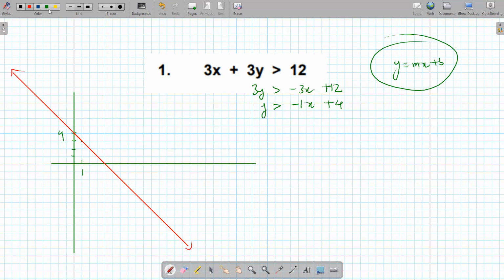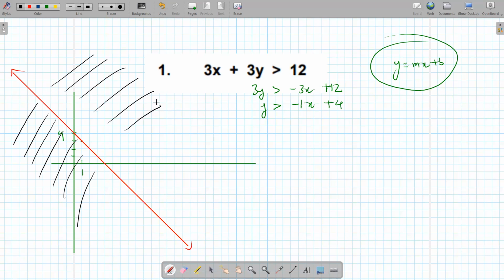But now we're graphing an inequality, okay? So that means you're gonna have to shade. And there's two possibilities. Either we're looking at this part, or we're looking at this part. What do you think? In which direction are we headed?